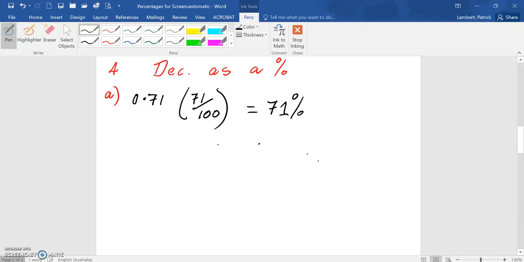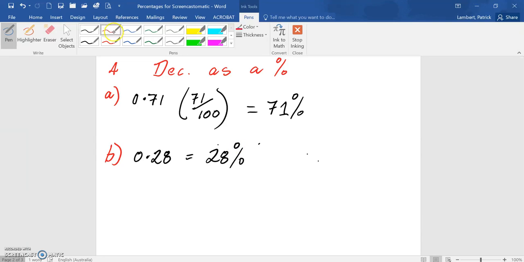Then we'll have part B. And part B is 0.28. Multiplying it by 100, we know that's going to equal 28%. Straightforward.